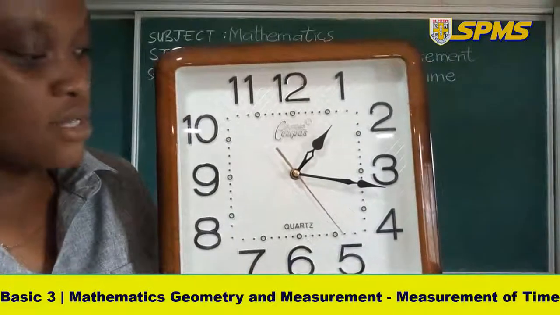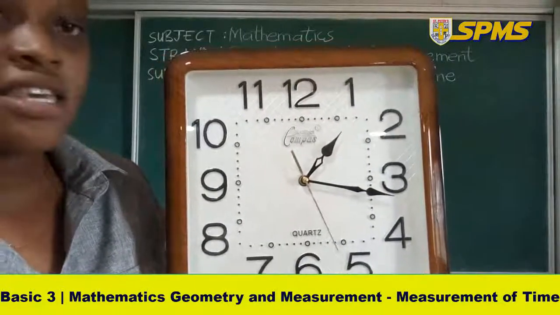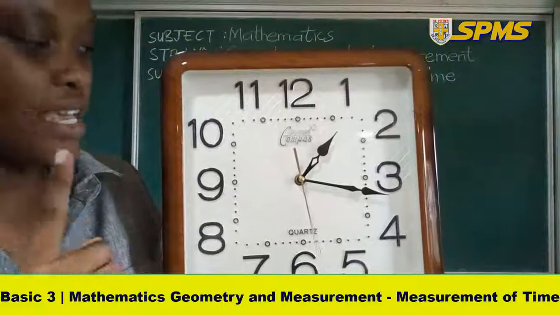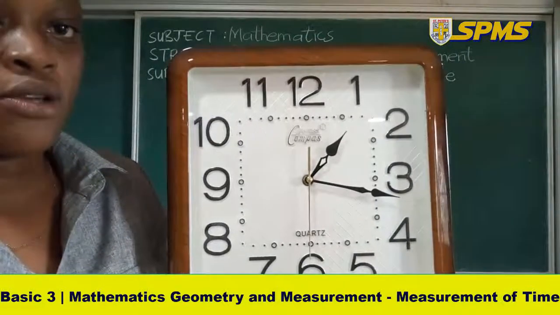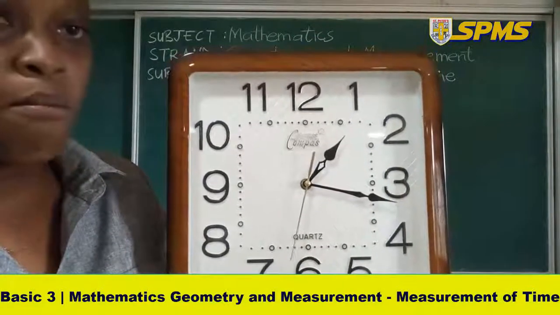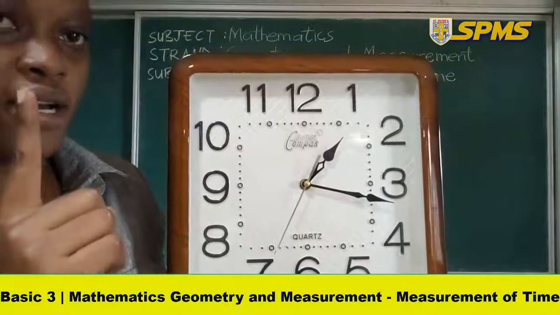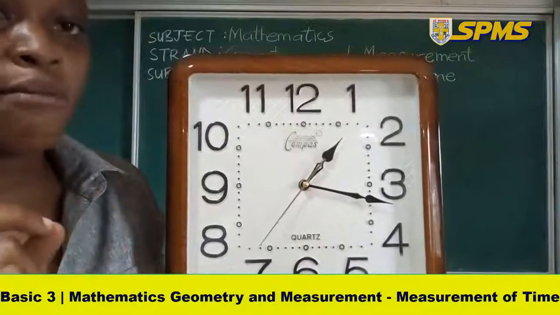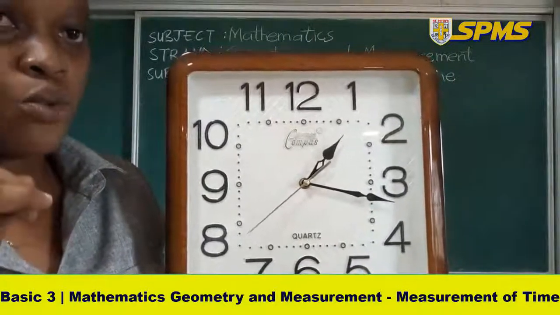Every movement of the second hand gives us 1 second. So if the second hand moves, it is 1. Takes another move, 2.